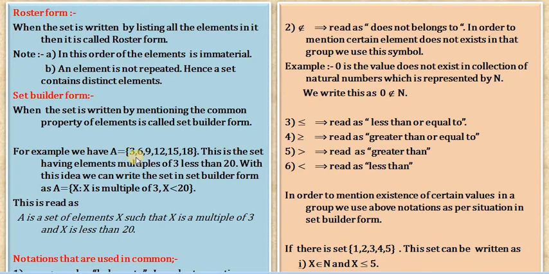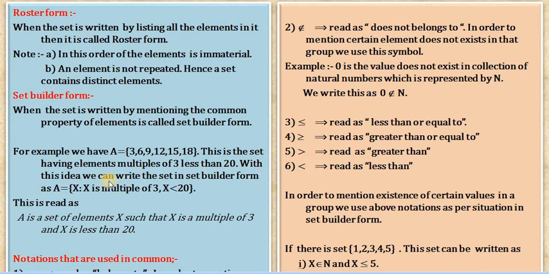We just observe these values are multiples of 3. 3 ones, 3 twos, 3 threes, 3 fours, 3 fives, 3 sixes, isn't it? And these values lie between 3 and 20 or 3 and 18, isn't it? So this is a set having elements multiples of 3 less than 20.